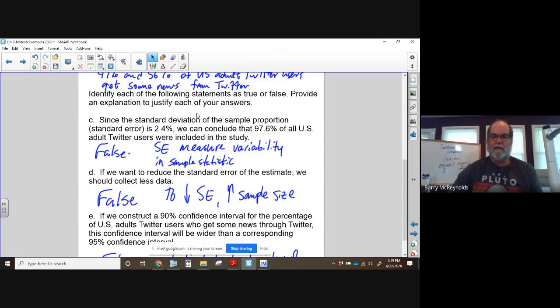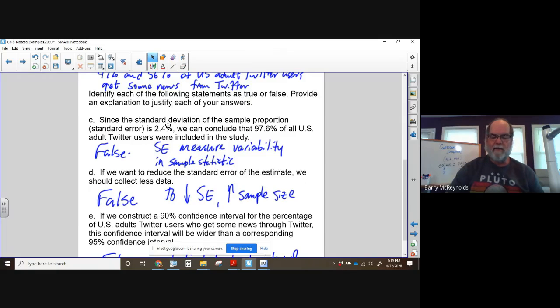The standard error has nothing to do with the size or the number of people involved in the study. Let me rephrase that. The standard error doesn't directly talk about the size of the sample.